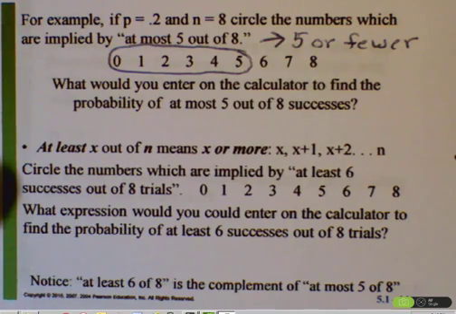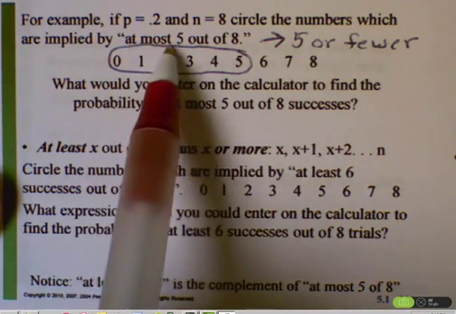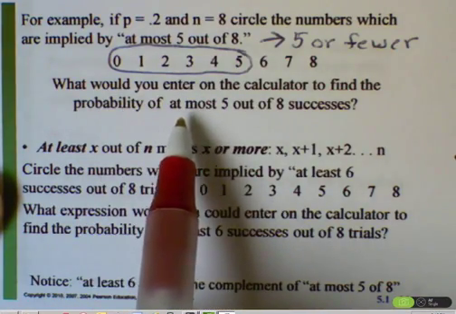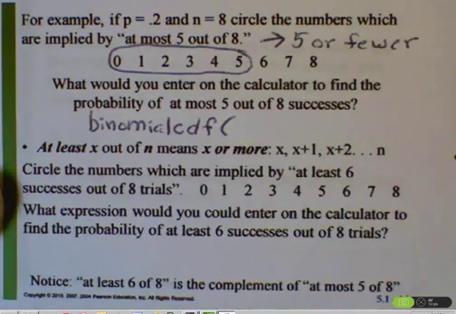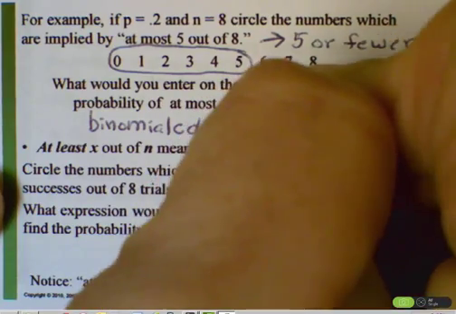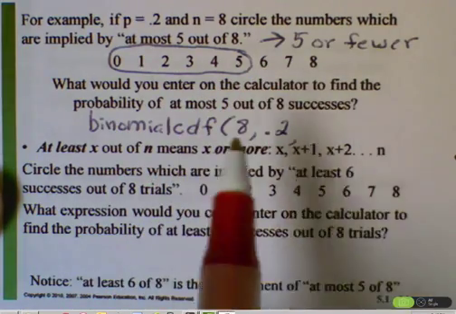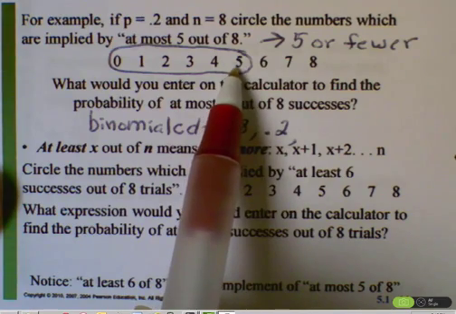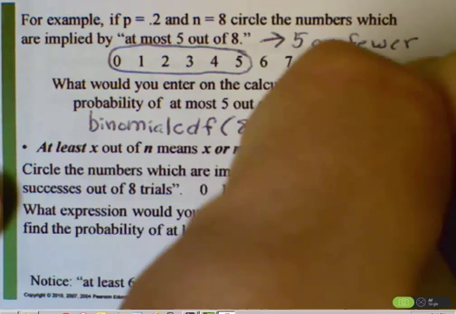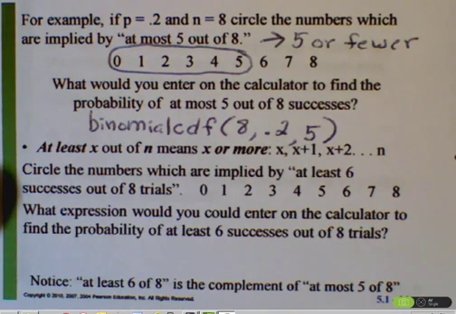What would you enter on the calculator to find the probability of at most 5 successes? We don't want exactly 5 successes, so we're not going to use binomial PDF. We're going to use binomial CDF and enter the number of trials, 8, the probability of success on one trial, 0.2, and the x value, which is the last value whose probability I want the calculator to add in. I want it to stop adding at 5.